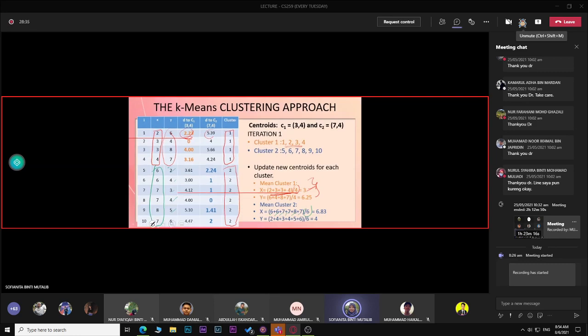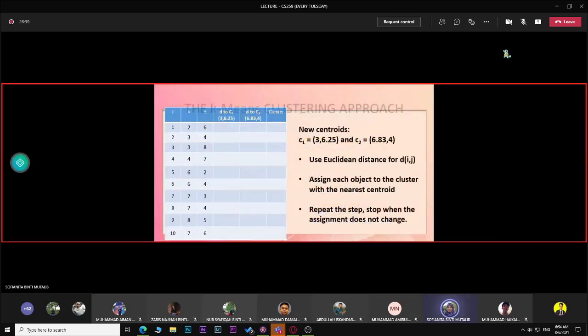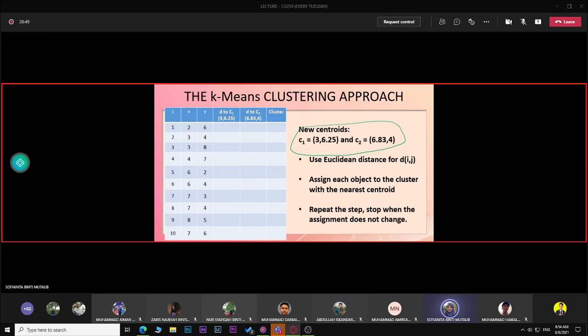Okay, thank you. So after we have this, we will recalculate the distance of the objects to the new centroid, and it will be repeated.